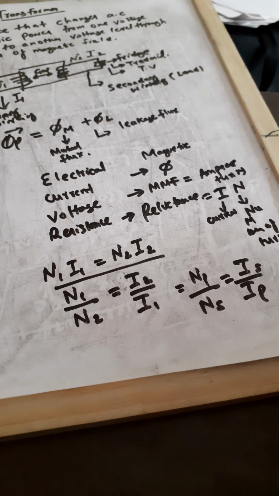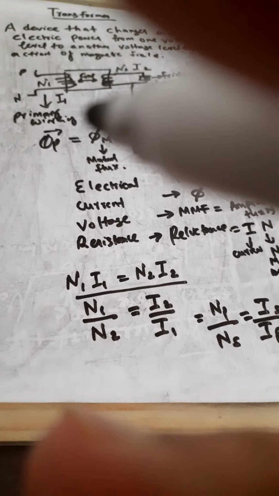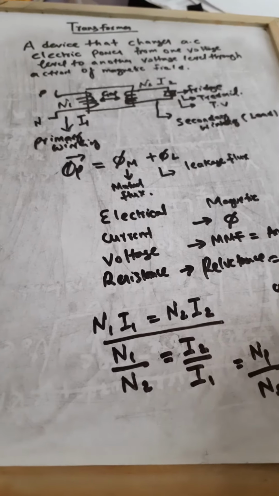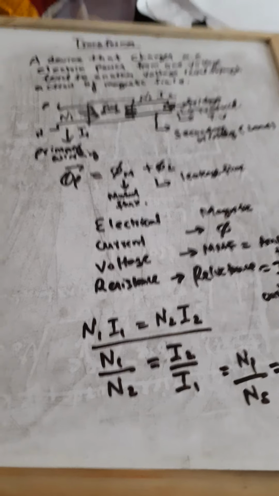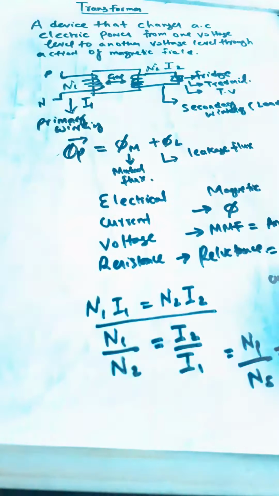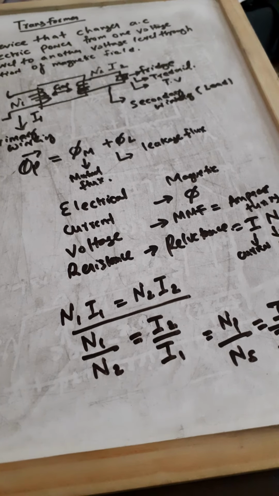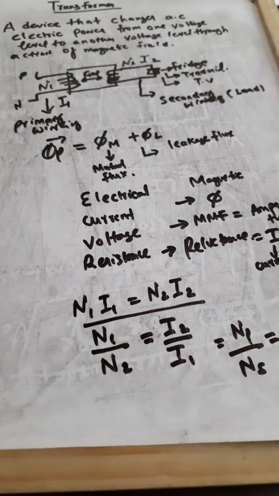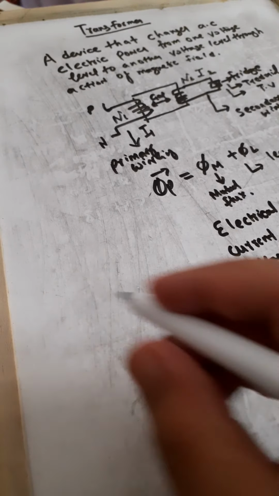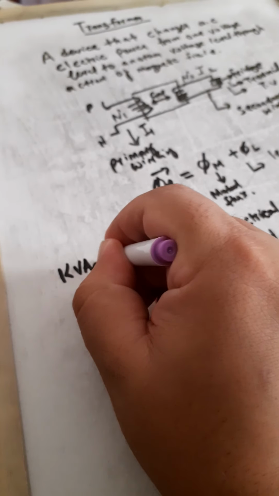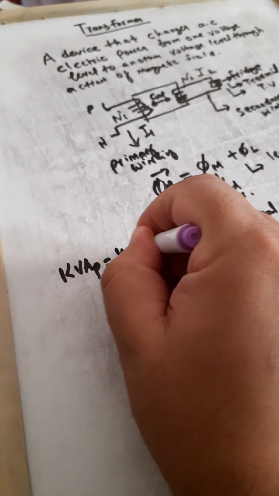Another thing that is very important with respect to transformers is that the kVA equation remains the same. So the kVA of primary should be equal to the kVA of secondary.